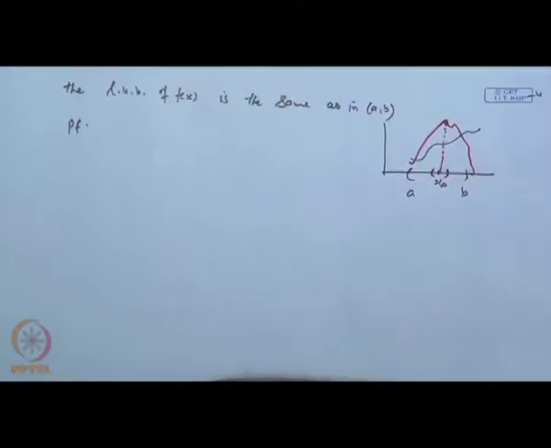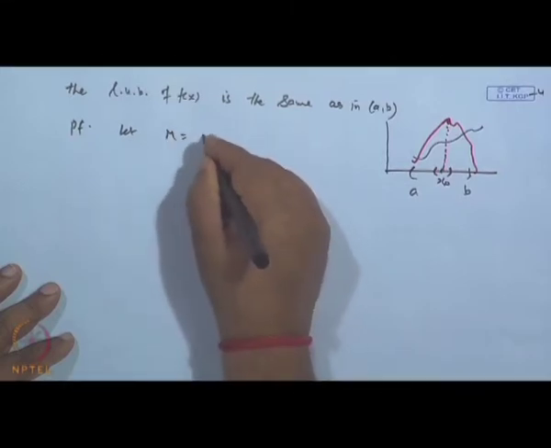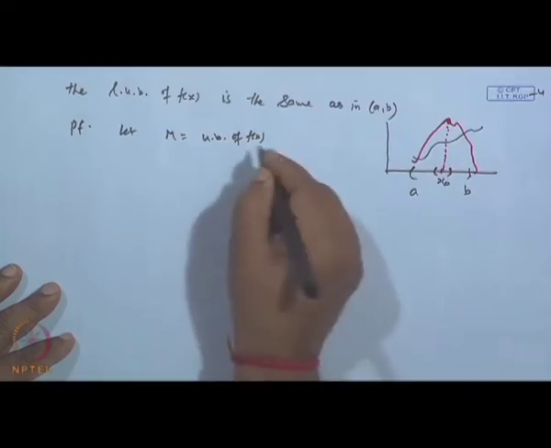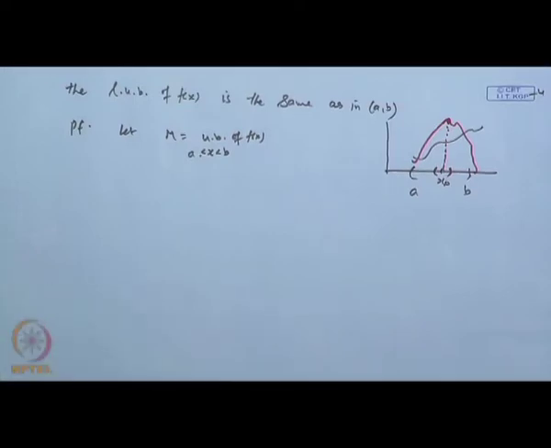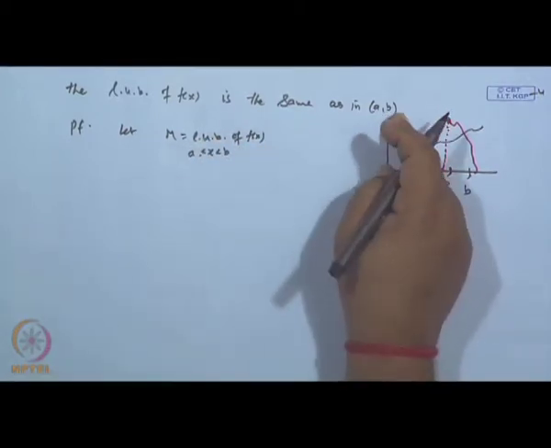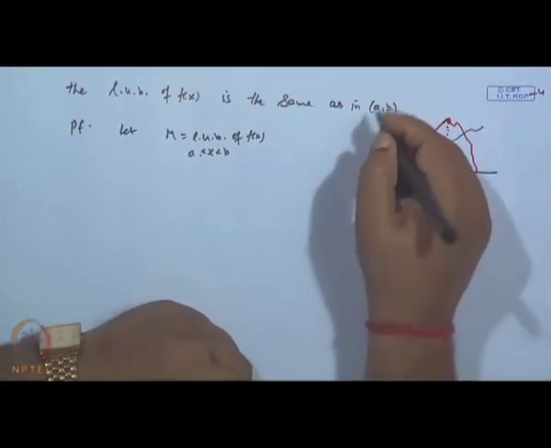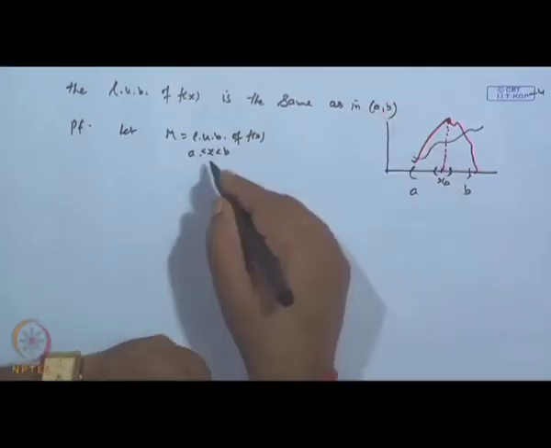Let m be the upper bound of f(x) over the interval x belongs to (a, b). This is an upper bound for this, say the least upper bound. If it is a closed interval, then we can say the least upper bound in the closed interval, no problem.